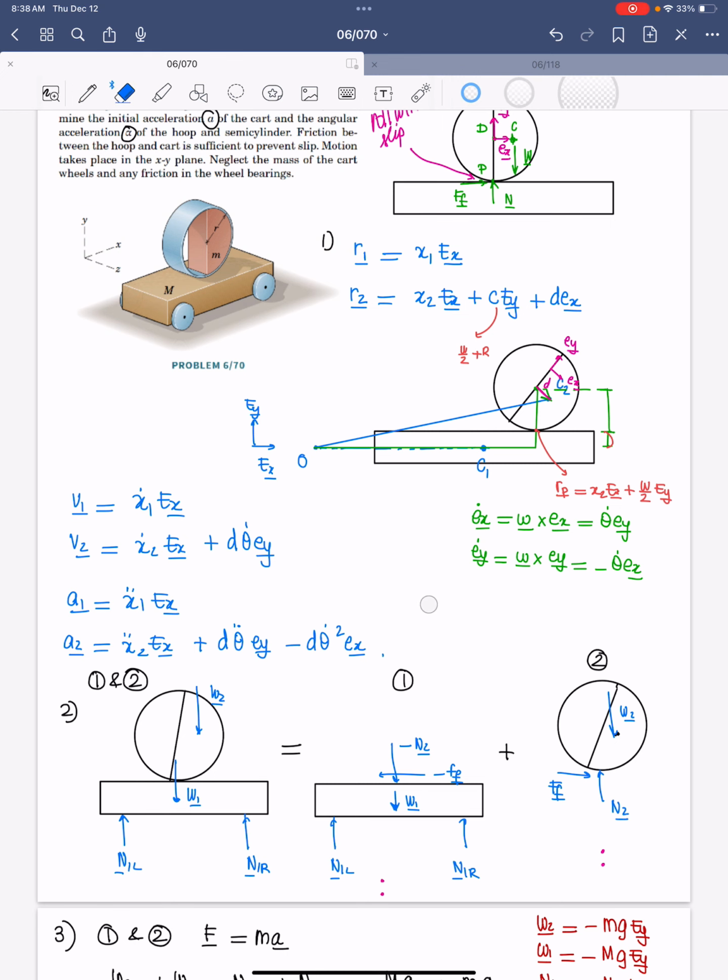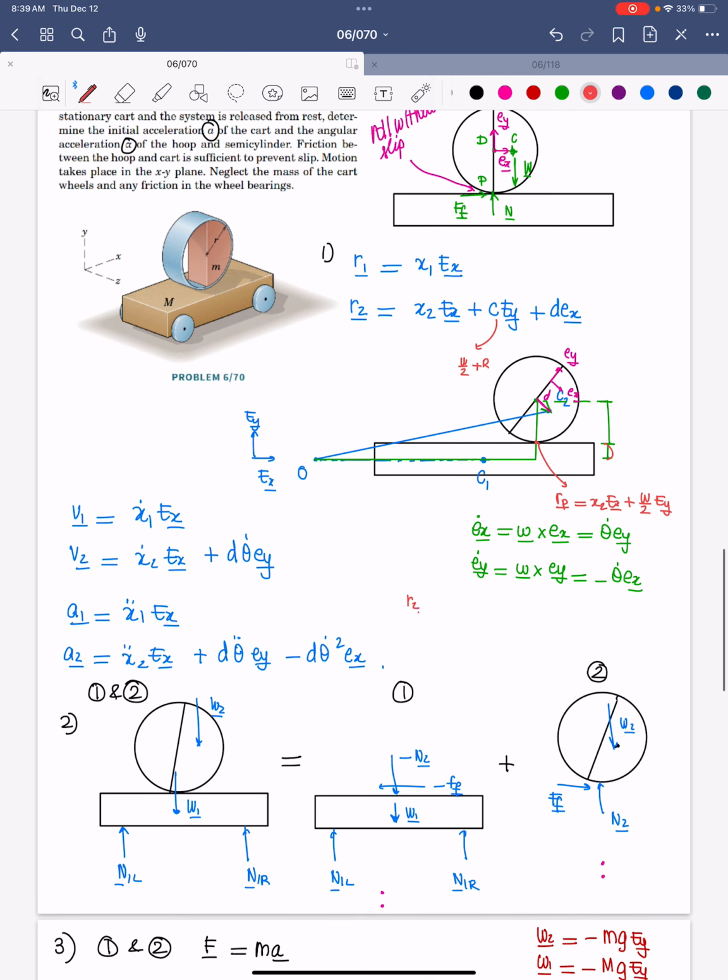Okay, I think it's easier to do R2 minus RP. R2 minus RP is R EY, that's just a sign flip, plus D EX. So to go from P to C, I go up by R EY and then this way by D EX.